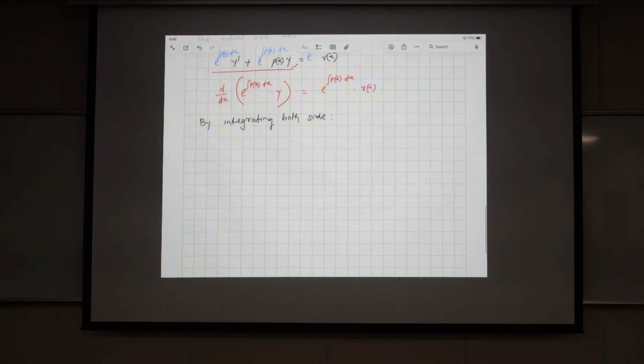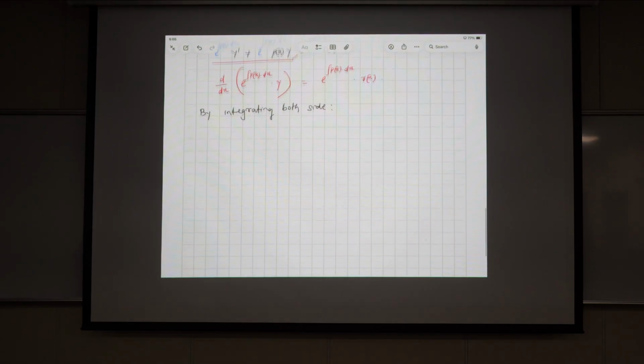That means we integrate d/dx of (e to the power ∫p(x)dx times y) equal to e to the power ∫p(x)dx times r(x), plus c.